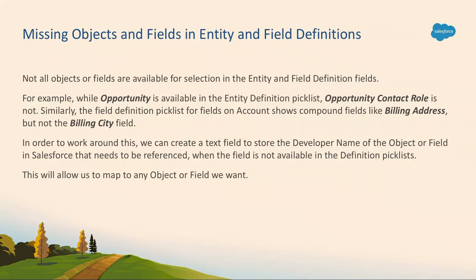Similarly, you can access compound fields like the billing address, if, for example, you had accounts and you were using a field definition based off of the account, but you're not going to be able to access the billing city. So in our code and some of the utilities that we've written, we work around that by creating a text field to store the developer name of an object or field that is unavailable through those picklists.